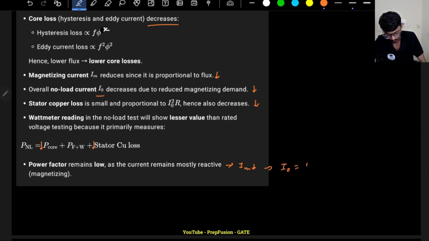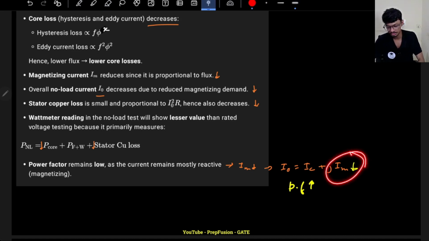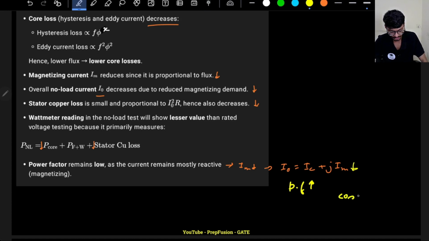As the no load magnetizing component Im reduces, I know my I naught is the core loss component Ic plus jIm. So the imaginary component is reducing. So the power factor will basically improve, because of course the imaginary component is reducing. Cos phi is basically real Ic upon overall I naught current. If the imaginary component is reducing, that means the I naught current overall will reduce, but Ic is constant.